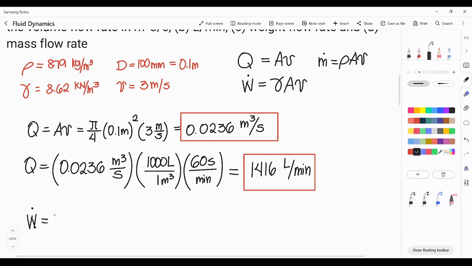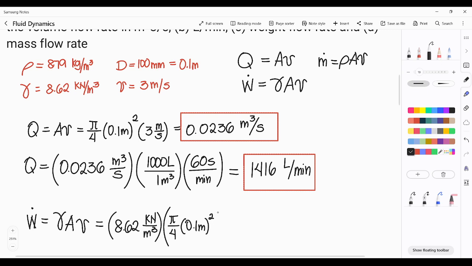Substituting our values, we have 8.62 kilonewtons per cubic meter multiplied by our area, pi over 4 times 0.1 meter squared, since it is a circle, multiplied by the velocity, which is 3 meters per second.